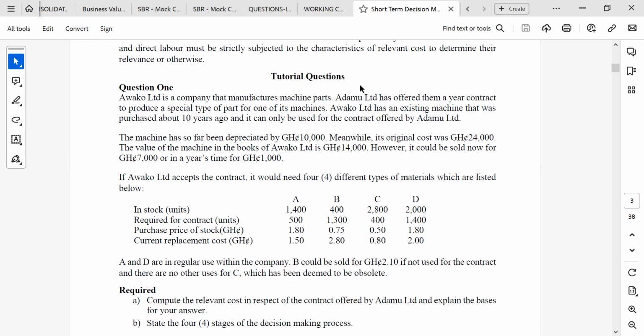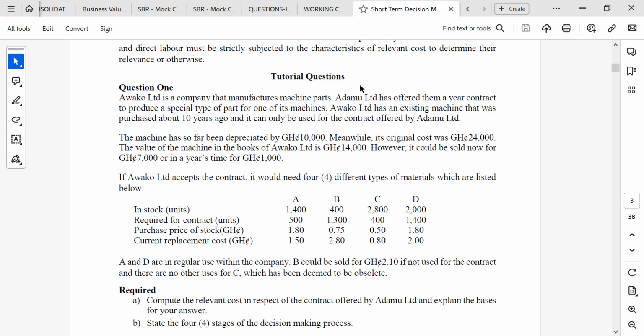B could be sold for 2.1 Ghana cedis if not used for the contract, and there are no other uses for C, which has been deemed to be obsolete. Required. A. Complete the relevant cost in respect of the contract offered by Adamu Limited and explain the basis for your answer. B. State the 4 stages of the decision-making process.